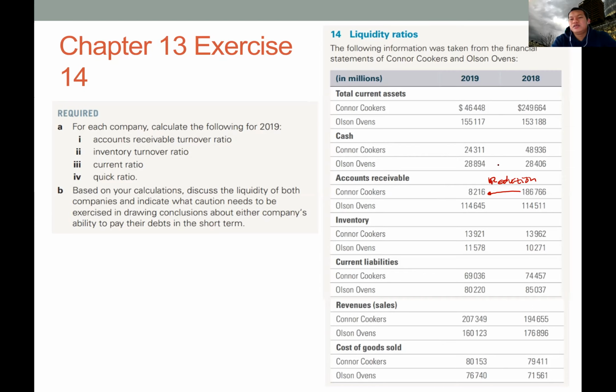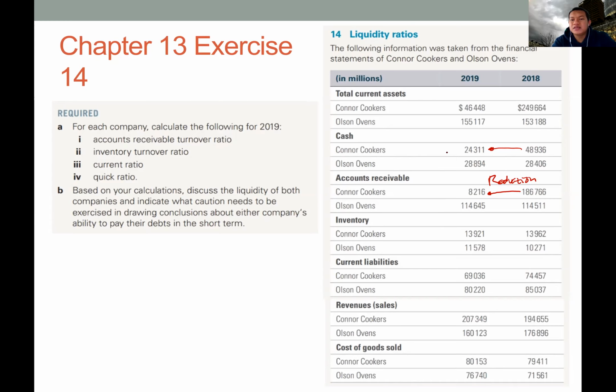So general readers of financial statements can easily assume, oh, they are collecting their receivables, so it is good. They're collecting their receivables from the customers and transforming this amount of reduction into cash. Some people may say this is a good sign of the company's operation, but if we assume that the company is collecting this receivable and transforming it into cash, we should see an increase in the company's cash balance, right?